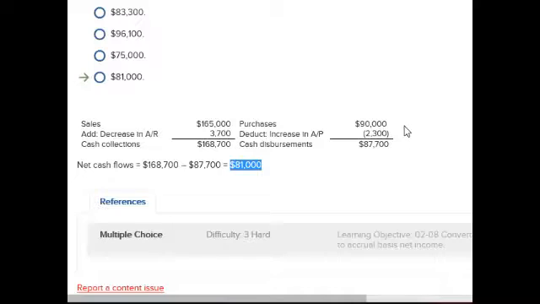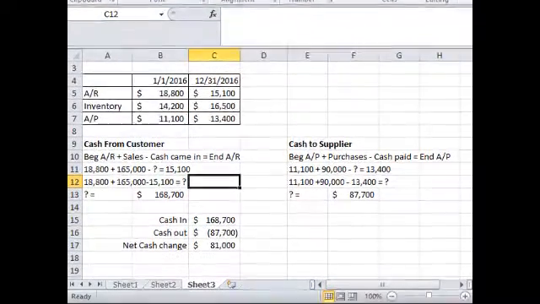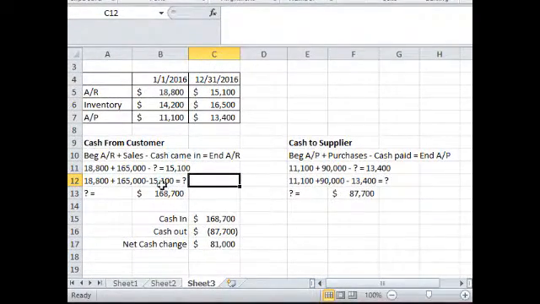And purchases minus the difference in accounts payable balance was subtracted, and they called it cash disbursement. So I want to further develop this and explain why that is, so that it is easier for you.